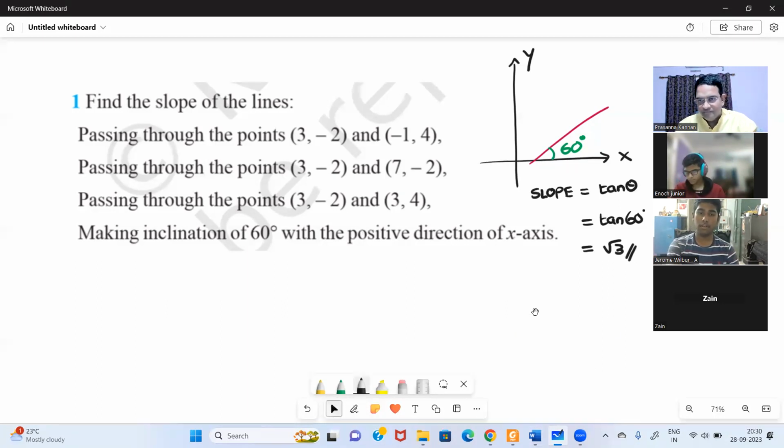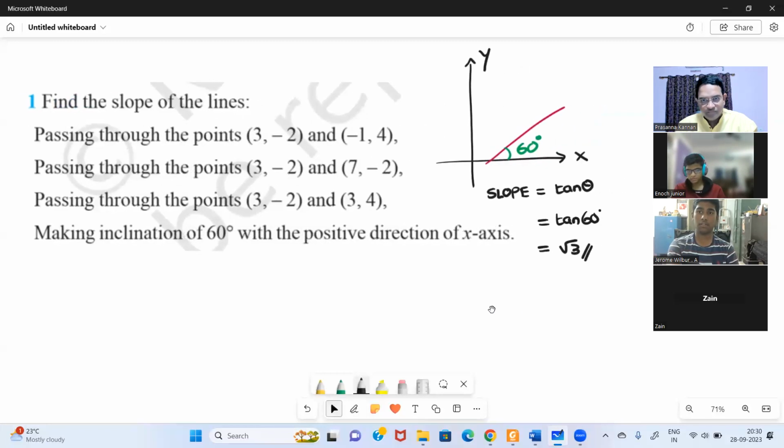Sir, when will the angle be negative, sir? See here, you mean angle is negative, okay, good. See, if I'm taking in the anti-clockwise direction, it is taken as positive.